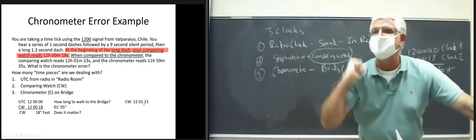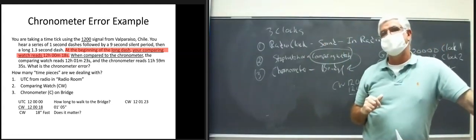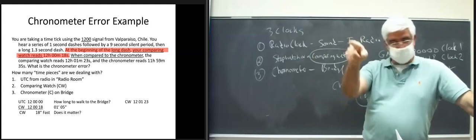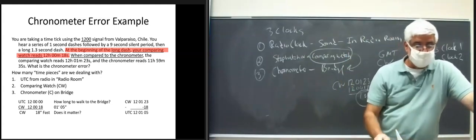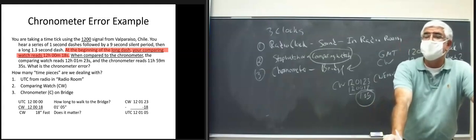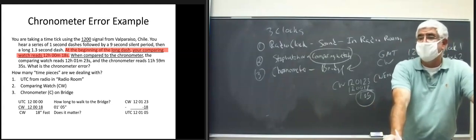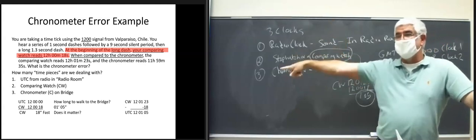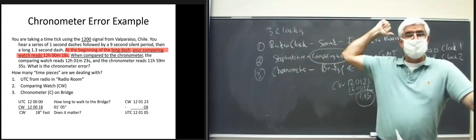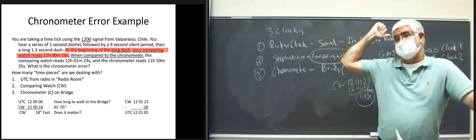What time is it really in GMT? It's 12:01:23 minus 18. So GMT is really 12:01:05, isn't it? Yeah. So, in fact, on the bridge, the time tick tone happened 1 minute and 5 seconds ago.